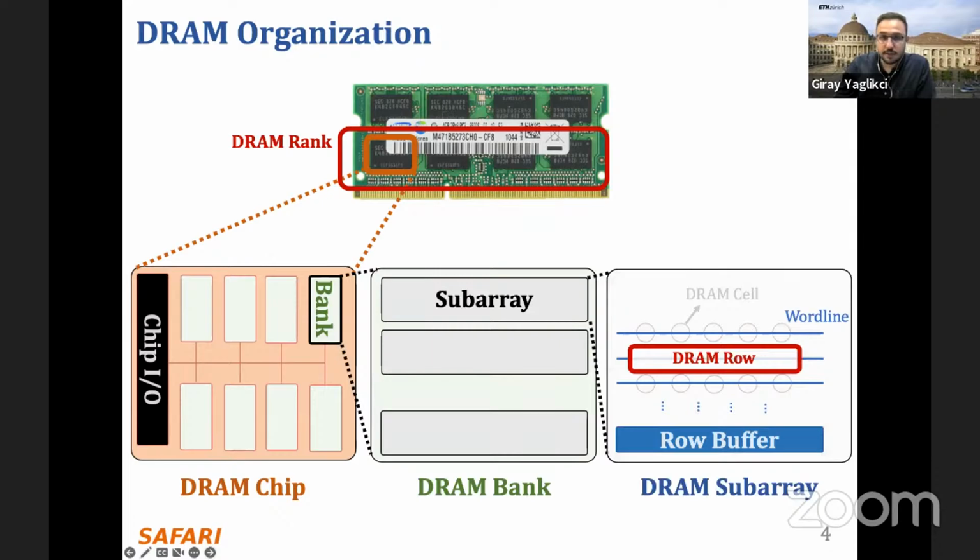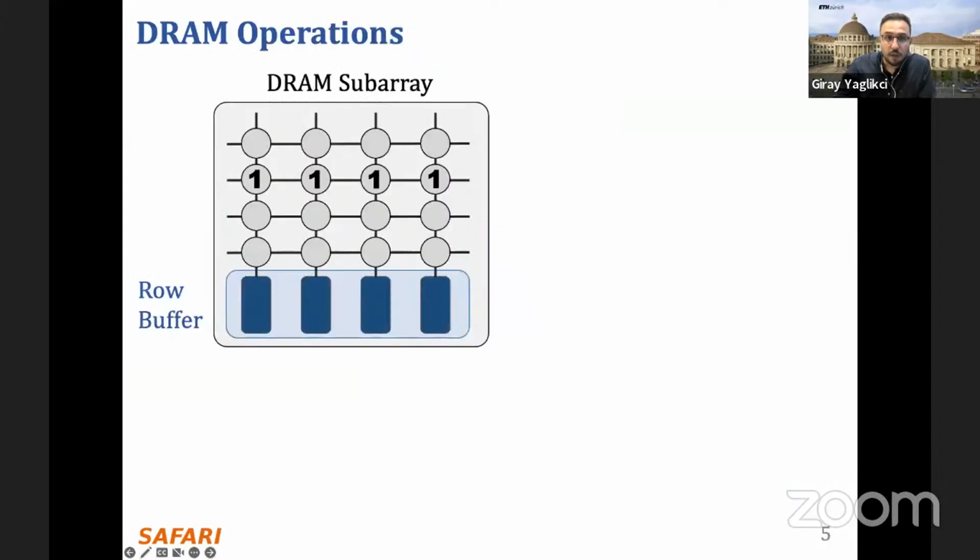These cells are organized as an array of DRAM rows, and these rows are accessed using word lines, and the cells are connected to a structure called the row buffer via bit lines. When we want to access data inside DRAM chips, we access it at row granularity.